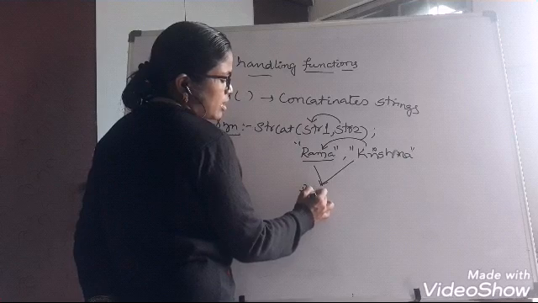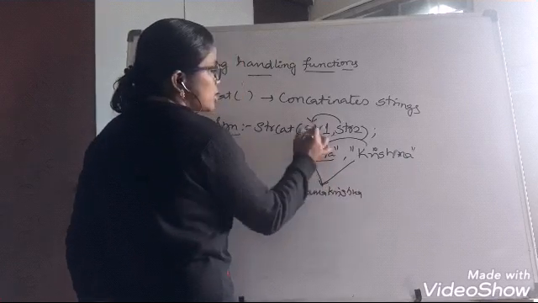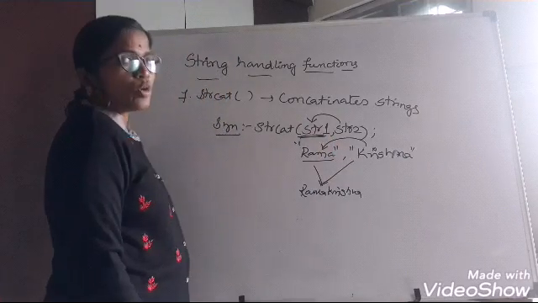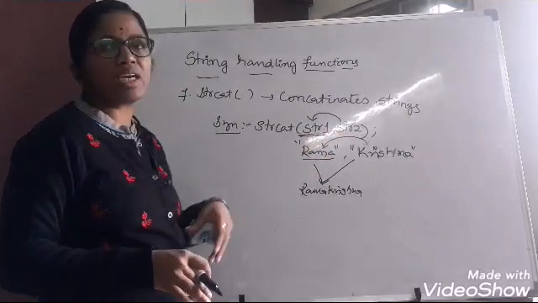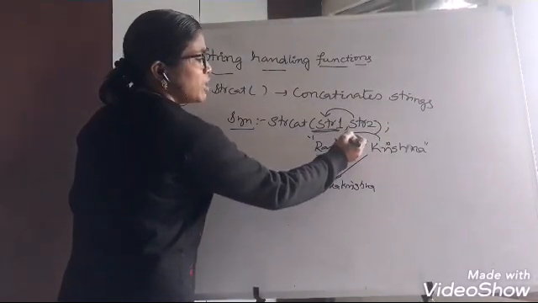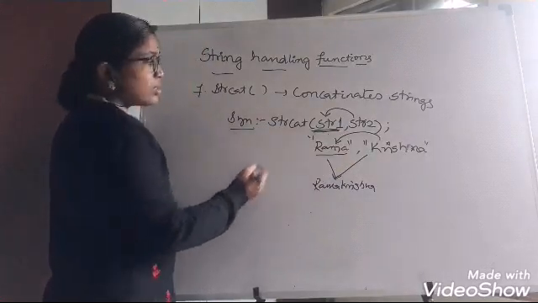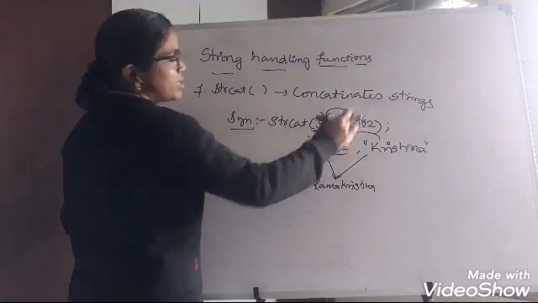It returns RamaKrishna. Only thing is, string 1 must be able to hold the two strings. That means the size of string 1 should be large enough to hold both the strings.